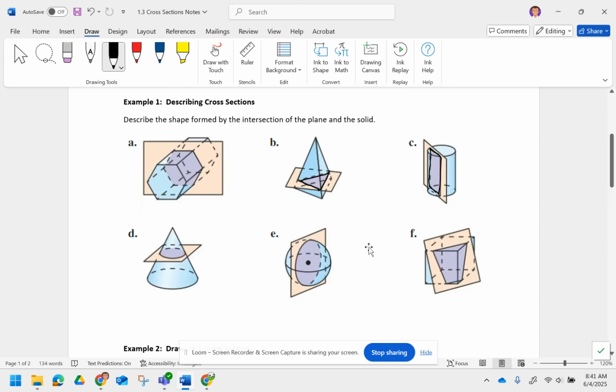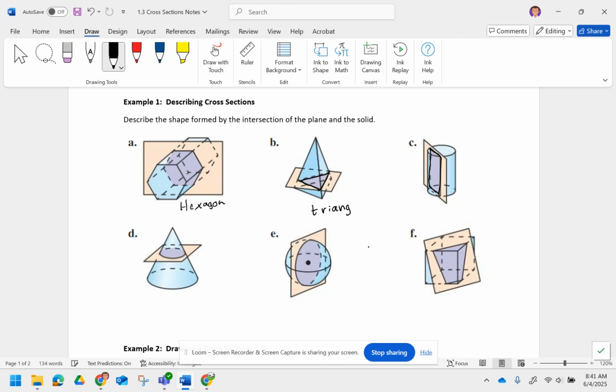First, we see this hexagonal prism being cut. Looks like it's parallel to the base. And I can kind of see there in purple those six sides. So this is going to form a hexagon. Over here, it cut at three sides.